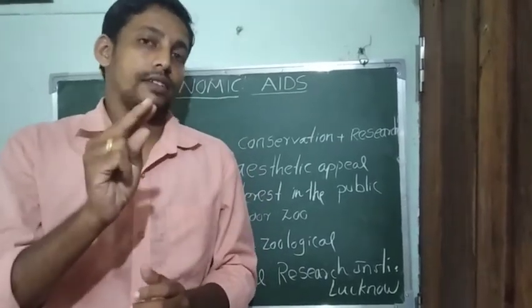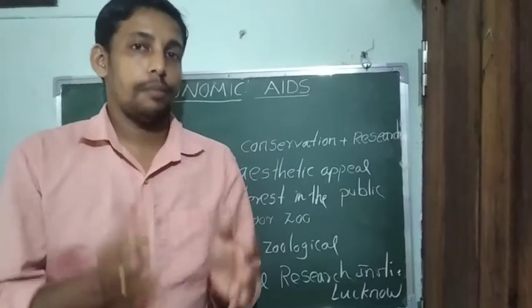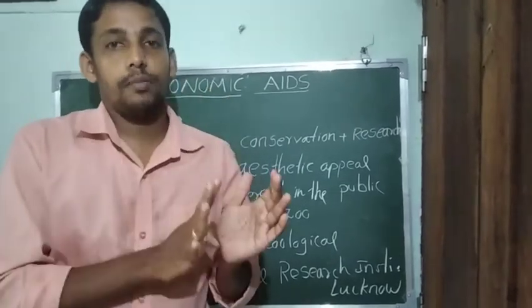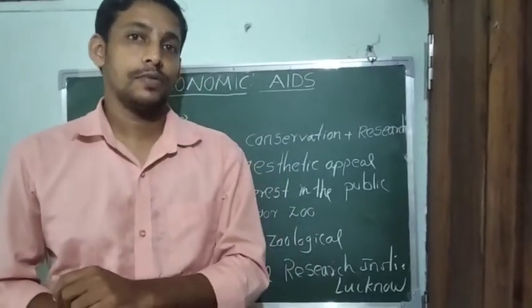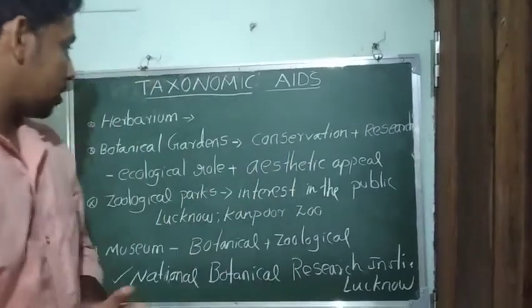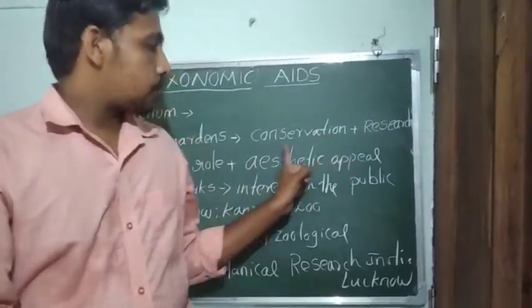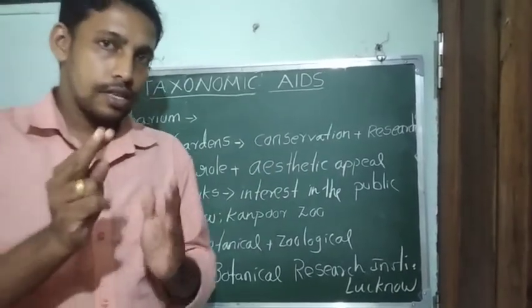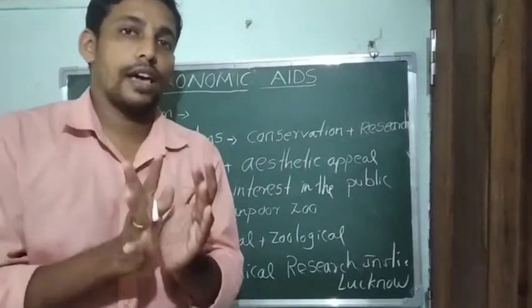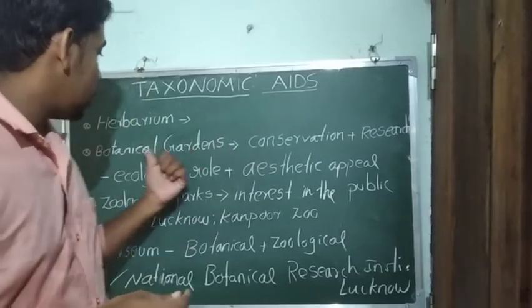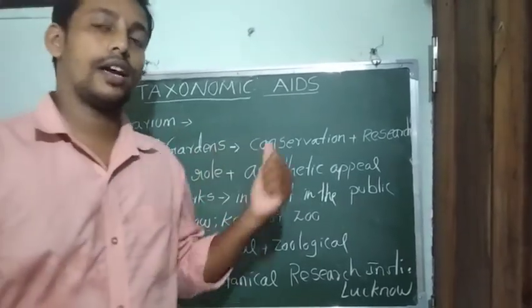Each plant in this garden is labeled, indicating its name and its family. Then what is the role of this garden? It acts as a conservation medium. That means endangered species of plants can be conserved in botanical gardens.